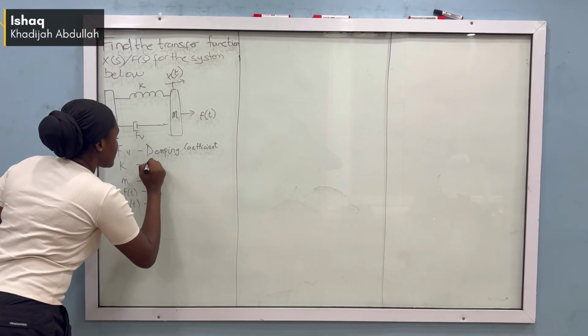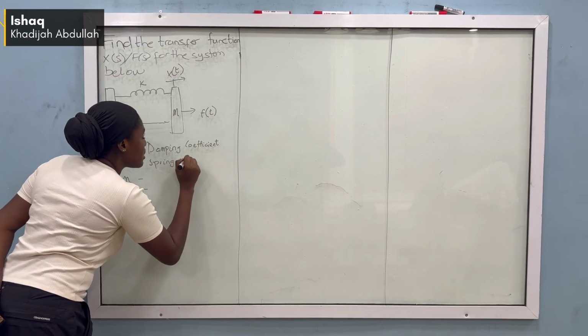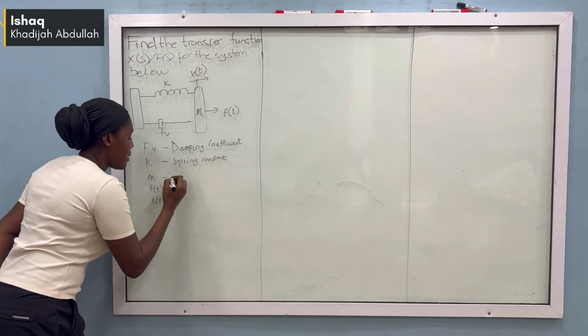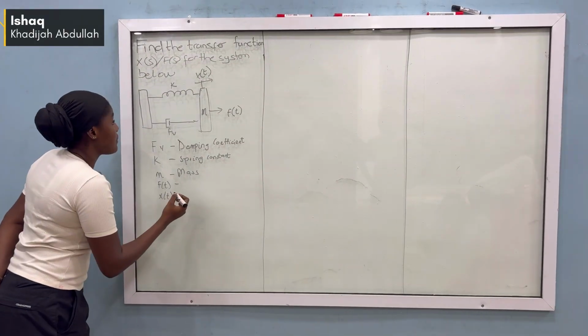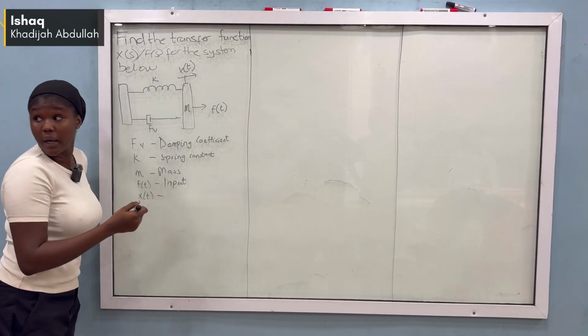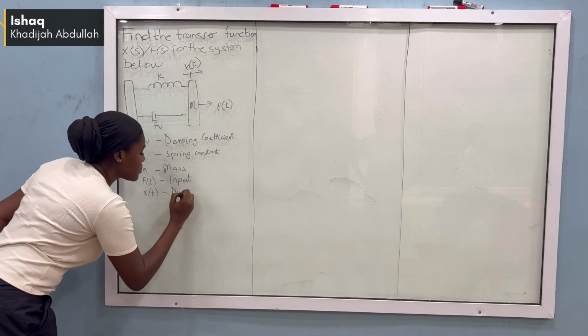K represents the spring constant. M represents mass or the body. F(t) represents the input or applied force, and x(t) represents displacement.